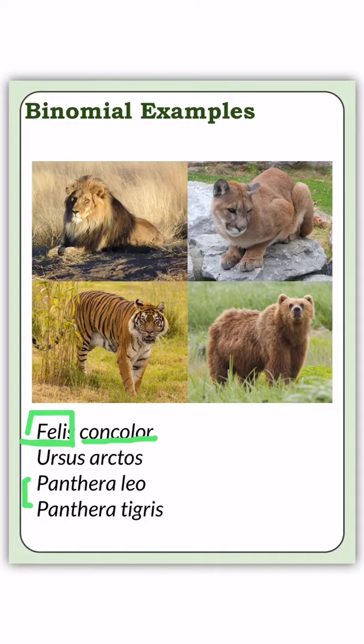Felis would give you a clue, would at least eliminate one of these, I hope. And then Panthera, the genus, probably the clue here is the species, leo and tigris. And actually, Ursus, if you know anything about constellations, that might help you solve that one.